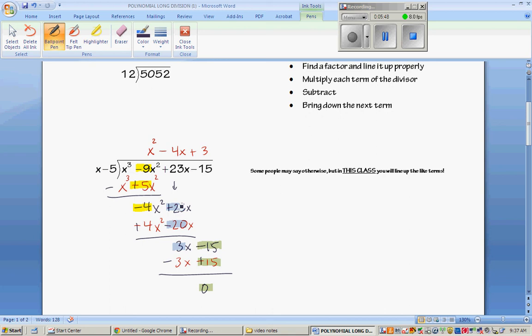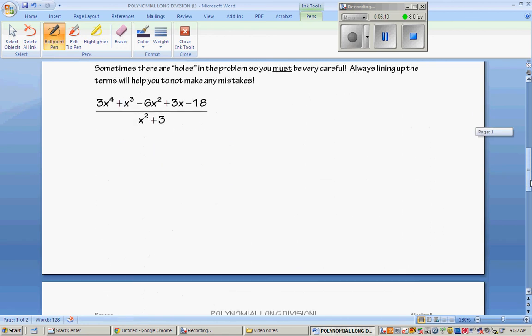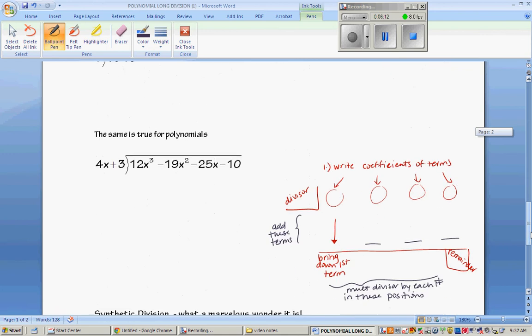The next column is a +23, a -20, and a +3. And the last column is a -15, a +15, and a 0. Synthetic division does what long division does, except it does it without any x's and without having to subtract and change the signs of everything you just wrote down. So it makes it very simple and far less messy.